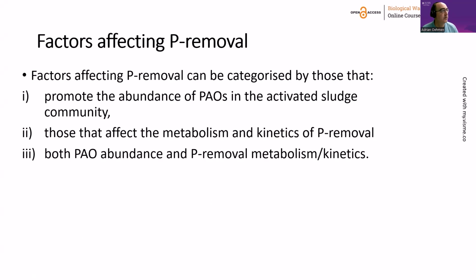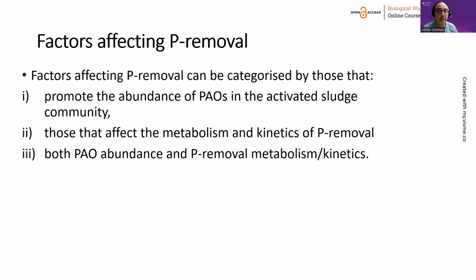Okay, so basically, if we look at factors that impact phosphorus removal, we can sort of put them into some different categories. One is factors that promote the abundance of PAOs in the activated sludge community, trying to get a higher PAO growth within that activated sludge.